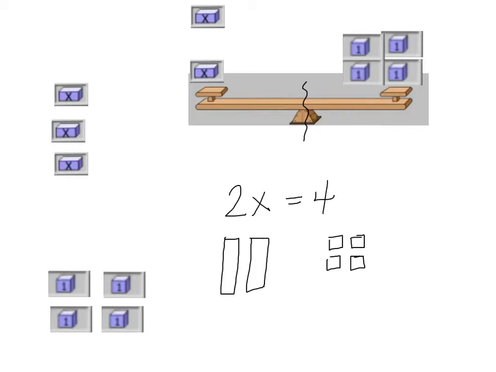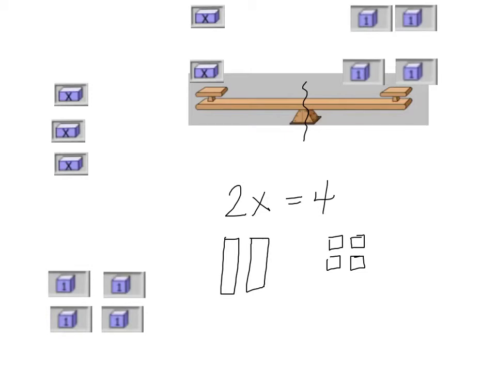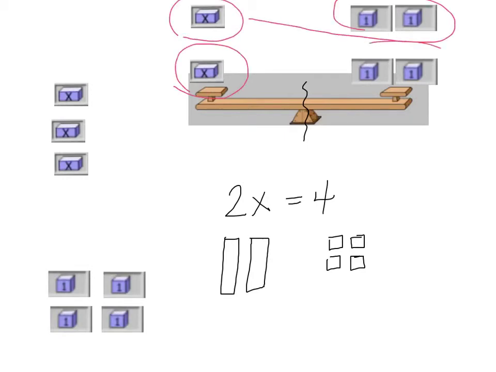I put 2 higher and 2 lower, and now that I've broken my x's into these 2 groups, it matches up with the 2 groups that I broke my units into on the other side. And so we end up with an answer of x equals 2. When you separate them out and want to find what just this one x is equal to, you can see that it's paired up with this other grouping that we made. I'll show you the algebra to it in a minute.